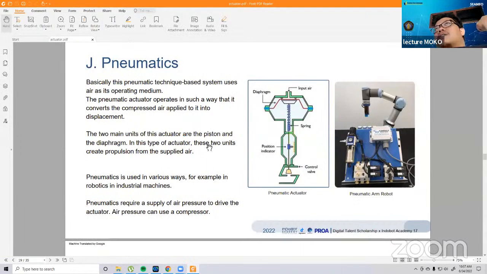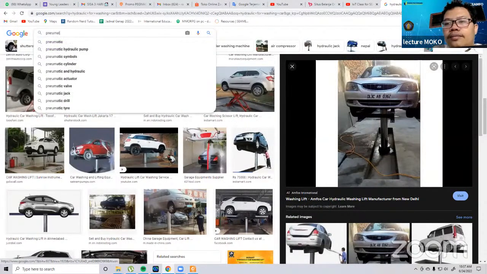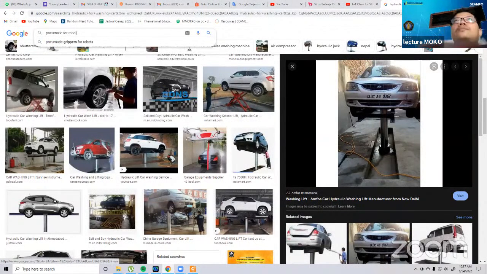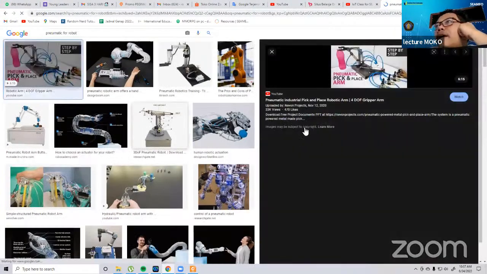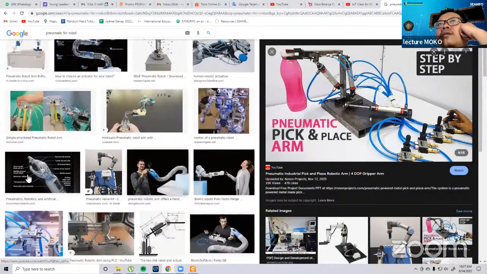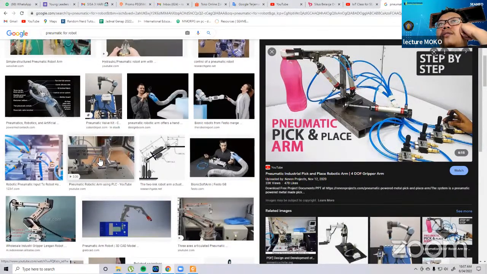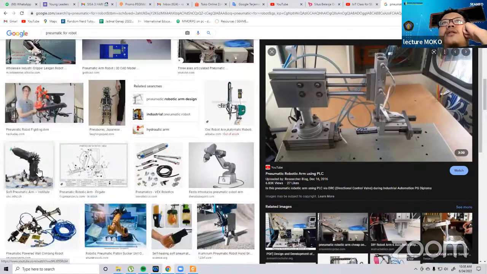And another is the pneumatic system. It uses air pressure. There are many applications of this. For example, you want to make some mechanism for moving an arm or an automation device.